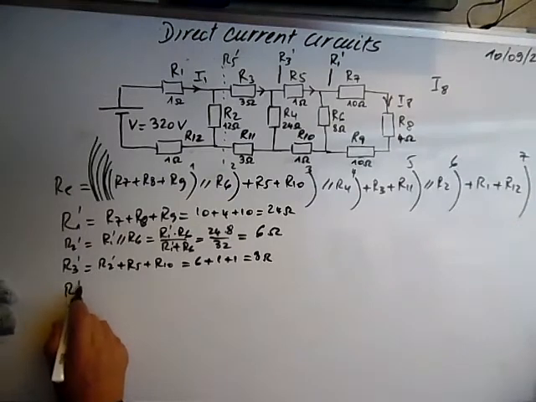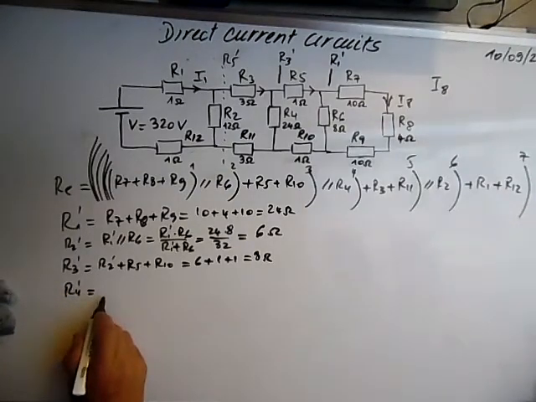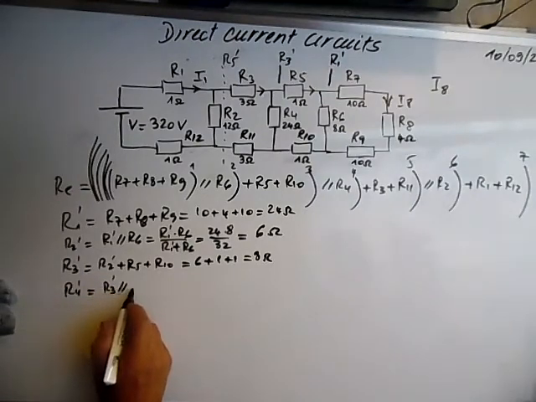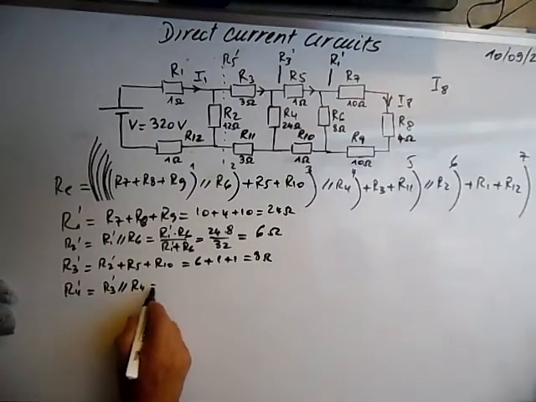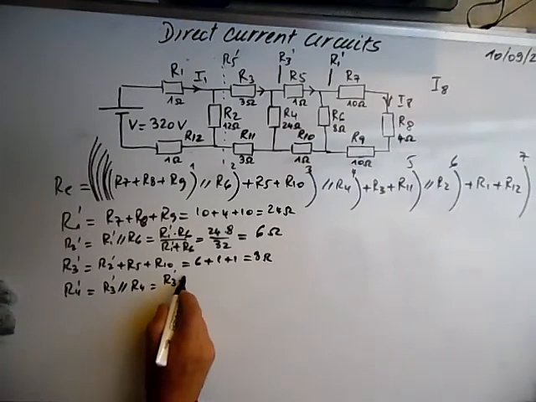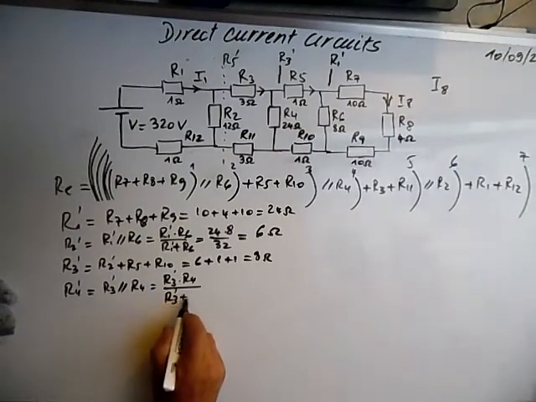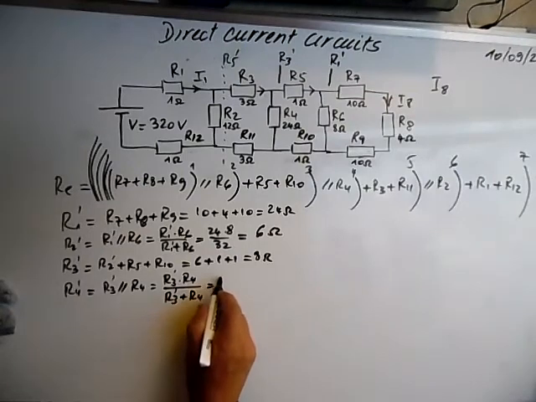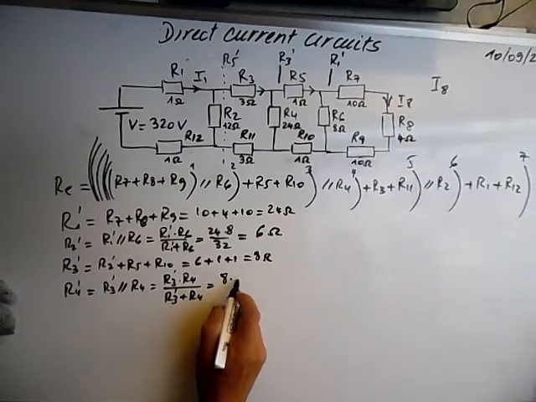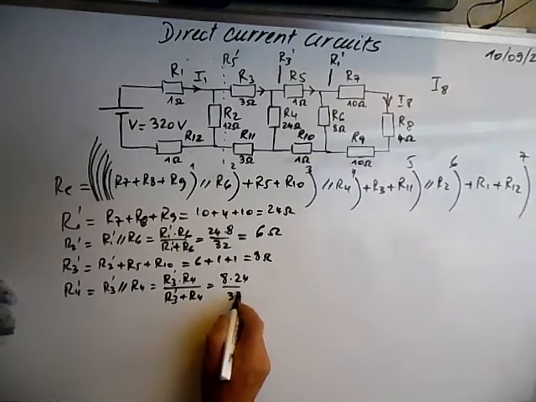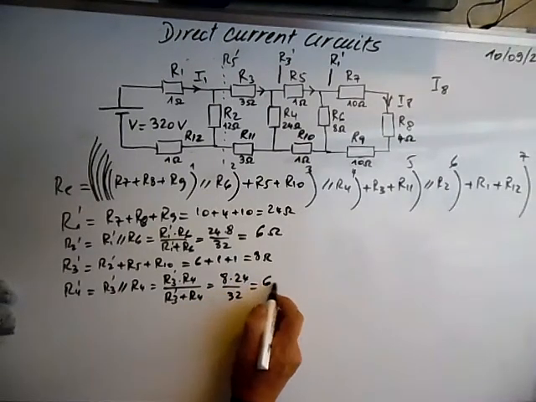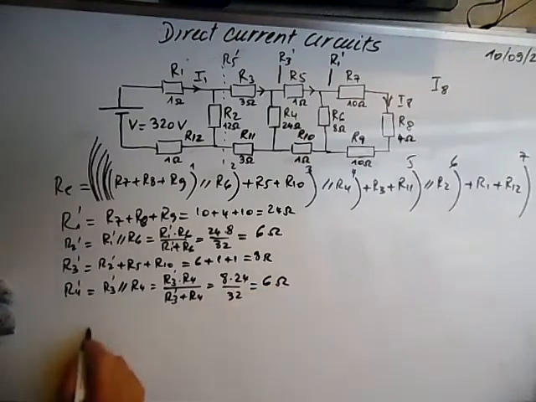R4 prime is R3 prime in parallel with R4, and it's R3 prime times R4 over R3 prime plus R4, and it's 8 times 24 over 32, and it's 6 ohms.